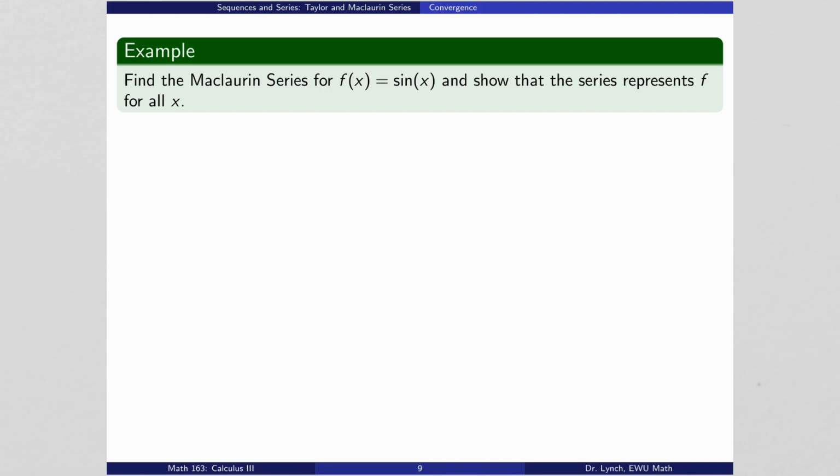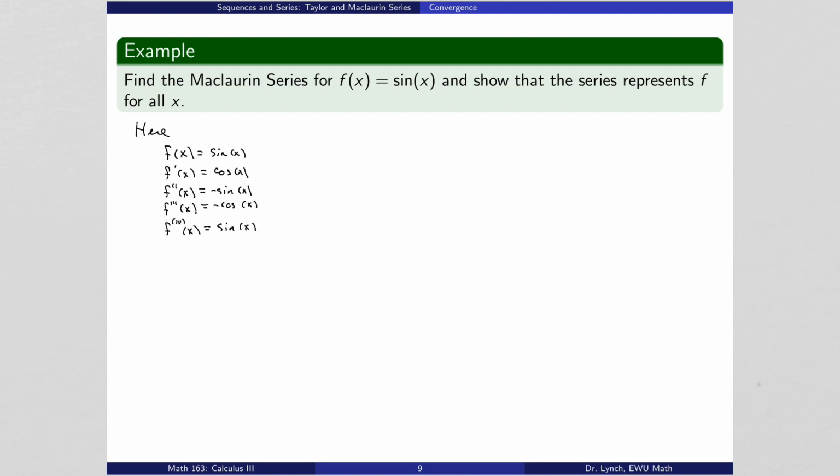So the first thing that we have to do is come up with expressions for the function f and its derivatives at 0, the Maclaurin series being at 0. So here are expressions for the function and its first 4 derivatives, and as you can see with the 4th derivative we get back the original function again, so there's no need to go beyond that.